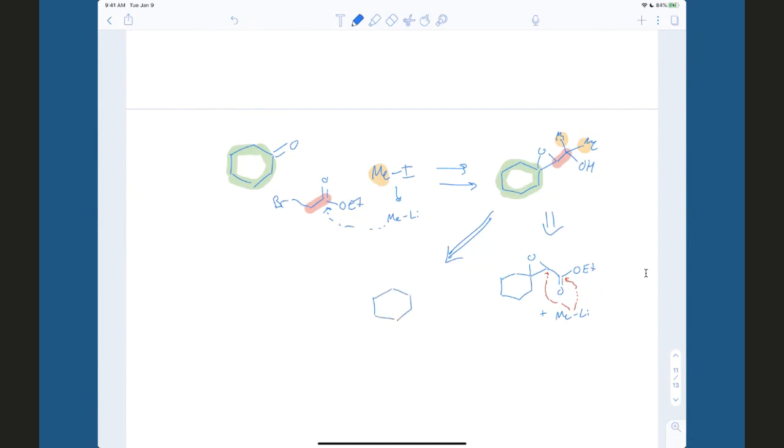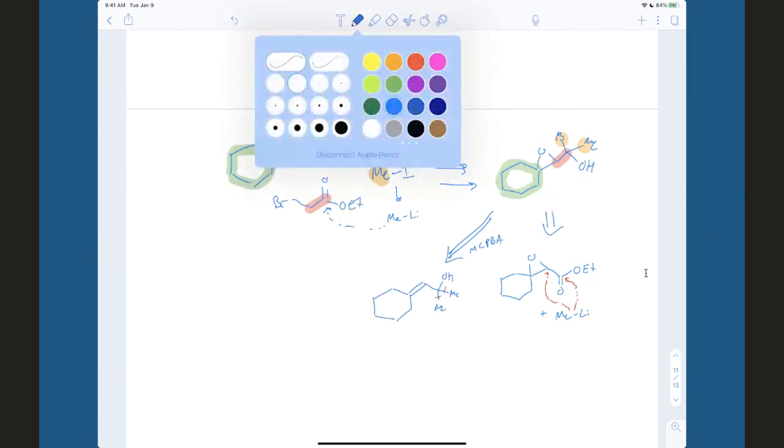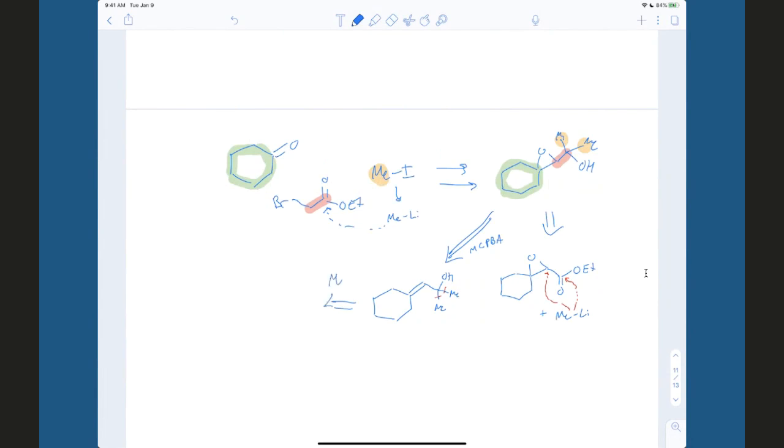So if the last thing we did was to make this double bond, and this would be like MCPBA, then this would not be as bad of a problem because we know that MCPBA will not hurt a tertiary alcohol. Now we can use our same approach to add in these two methyl groups at the same time with, say, methyl lithium.